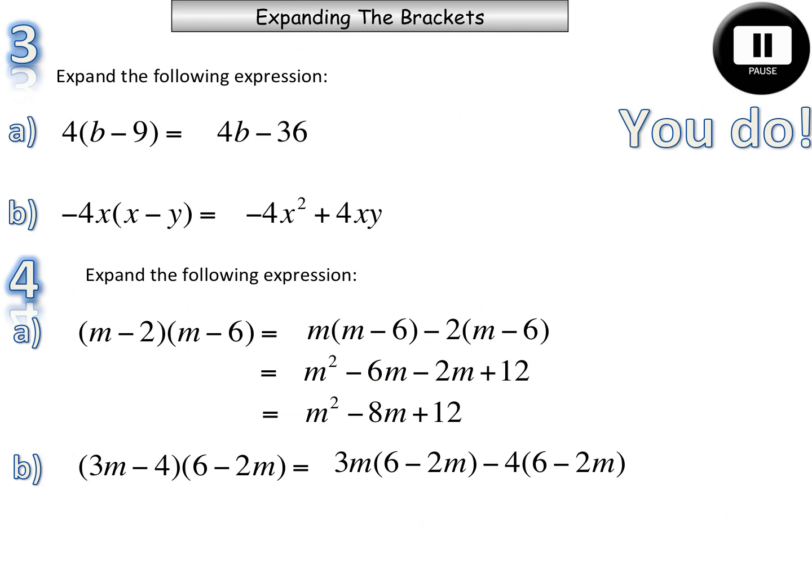Okay, 3m times that, negative 4 times that, so 3m times 6, 3m times negative 2m, negative 4 times 6, and negative 4 times negative 2m. So 18m, take away 6m squared, take away 24, plus 8m.